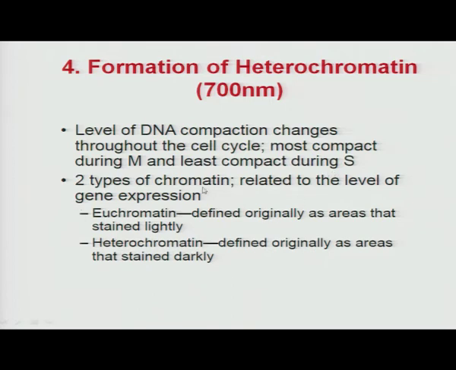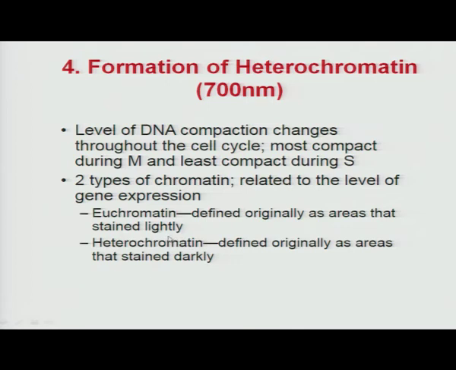There are two types of chromatin related to the levels of gene expression. One is euchromatin and the second one is heterochromatin. Euchromatin is that area of the chromosome that stains lightly.